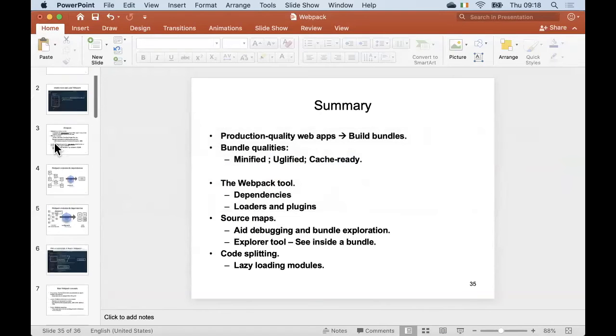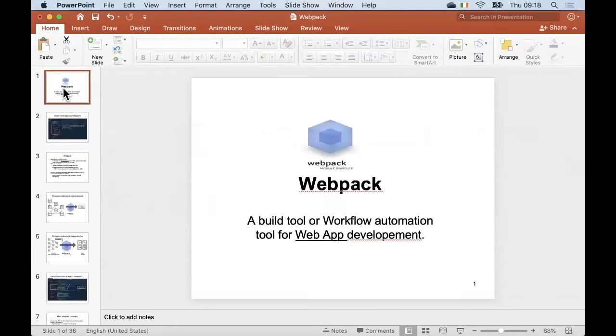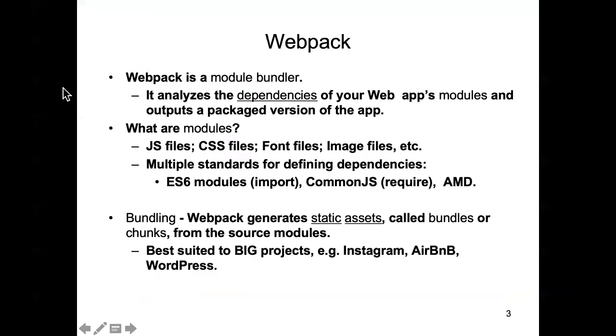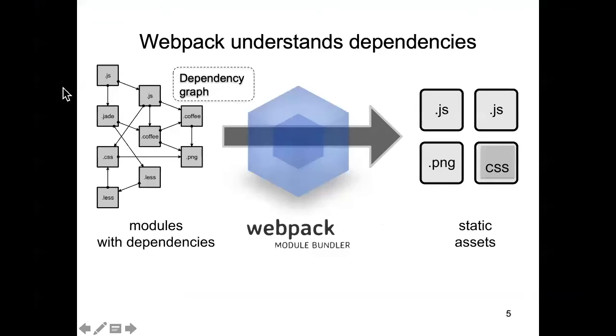So if you can remember from last week, the basic idea of bundling is where on the left we have our source code, and our source code consists of lots of modules. Some of these modules will definitely be JavaScript, others might be CSS.